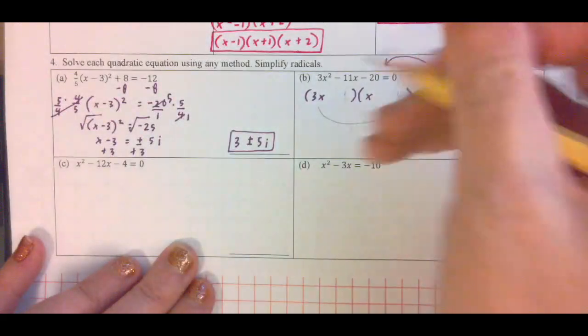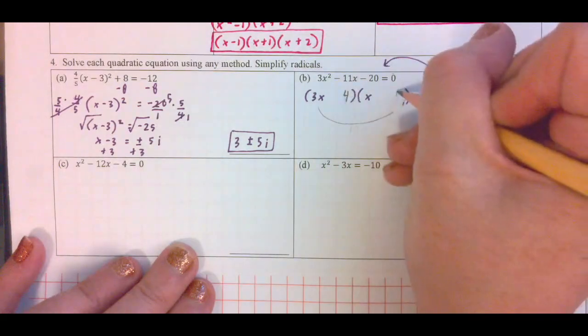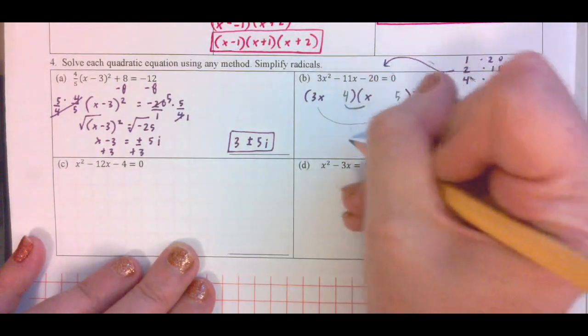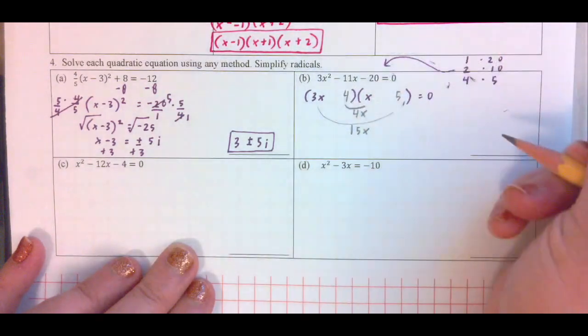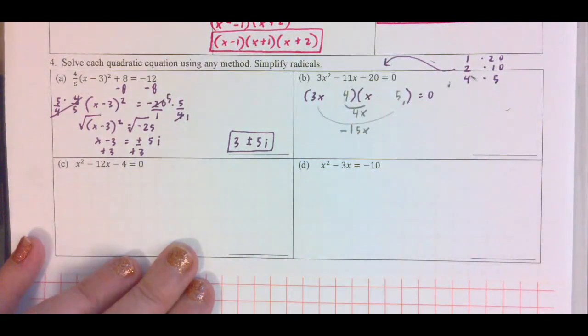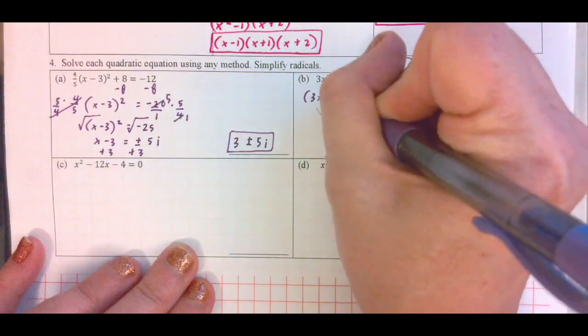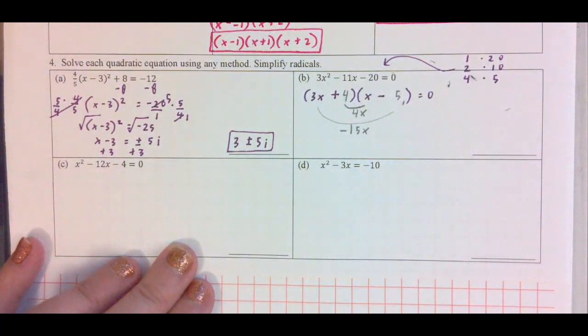It's got to be the 4 here and the 5 here. Because here is 15x, here is 4x. And if this one is negative, then I will get my negative 11x in the middle. So that means I need a minus here and a plus here, and I have it fully factored.